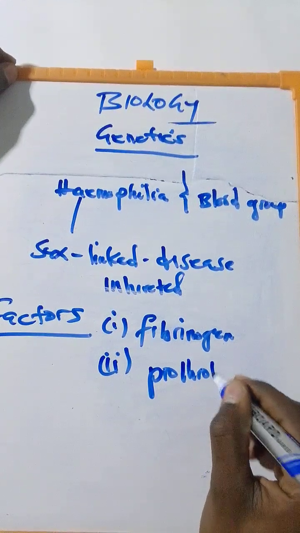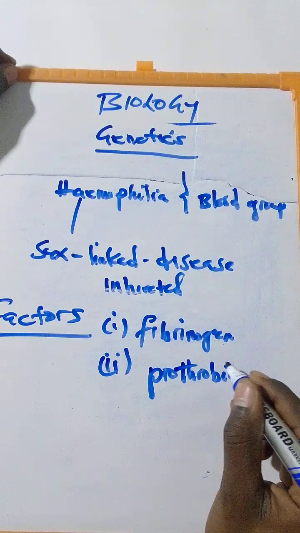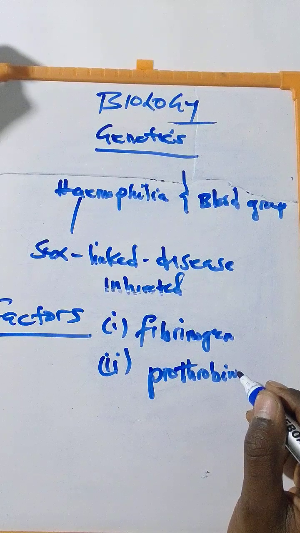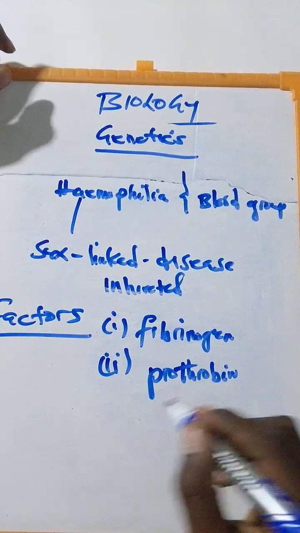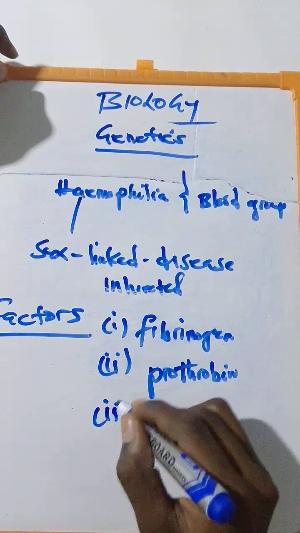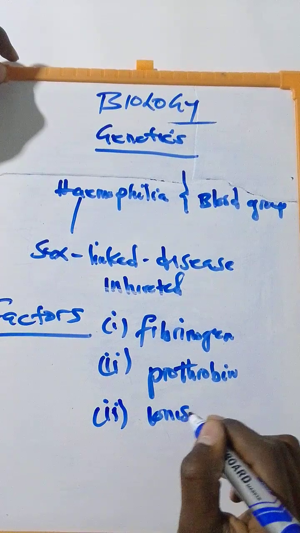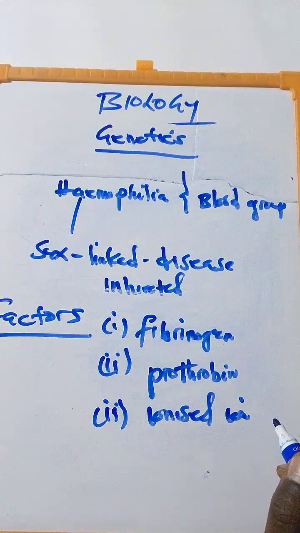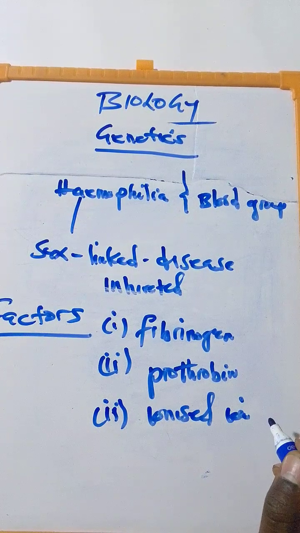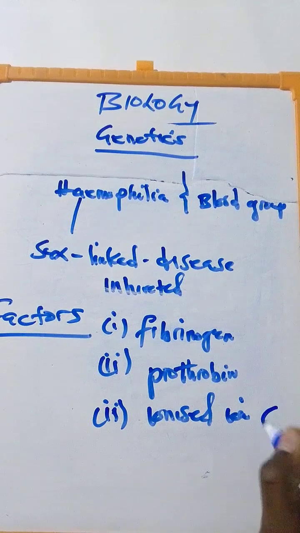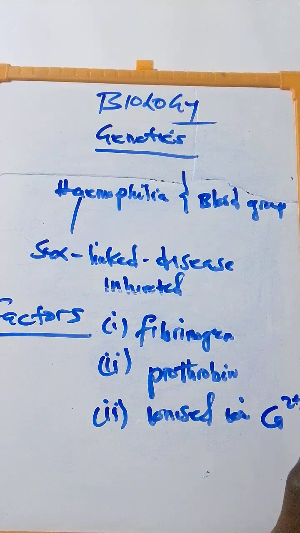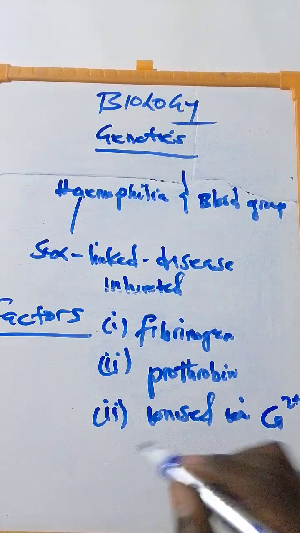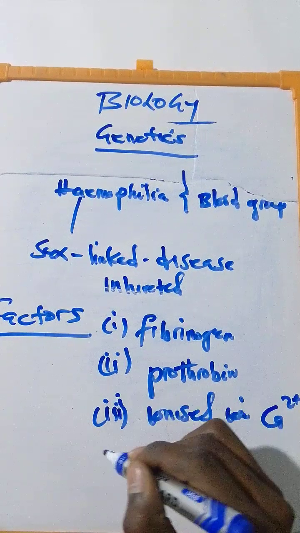Prothrombin is also another factor that causes blood not to clot easily. Then apart from this one, we also have ionized ions. When you talk about ions, you're looking at calcium. You're looking at calcium ion, which is also a factor. Then we can also look at another one.